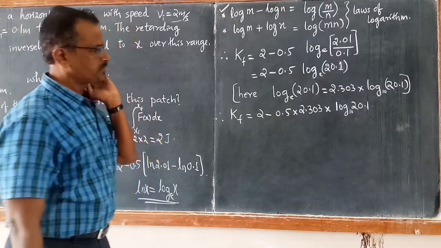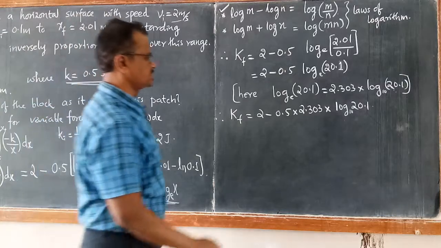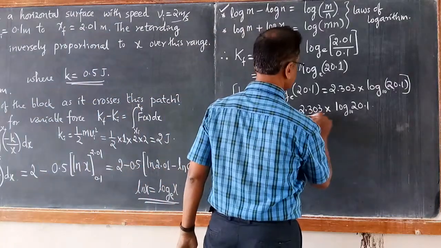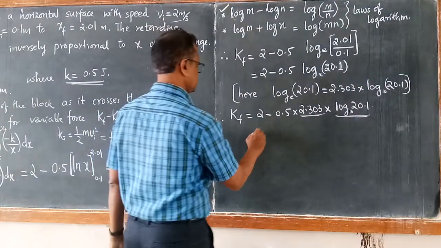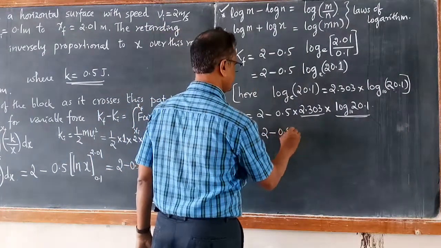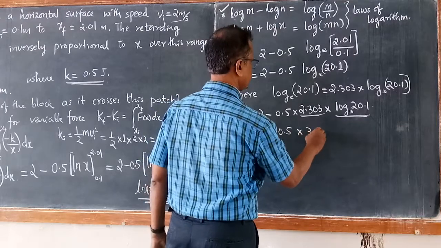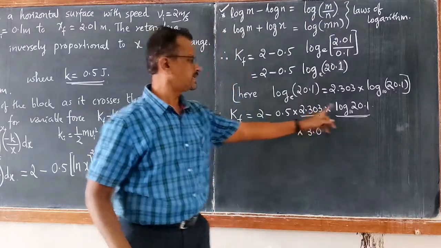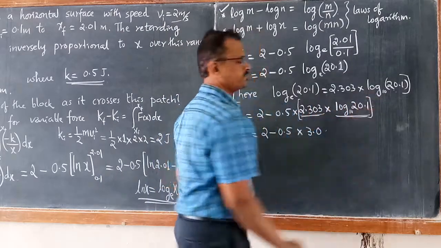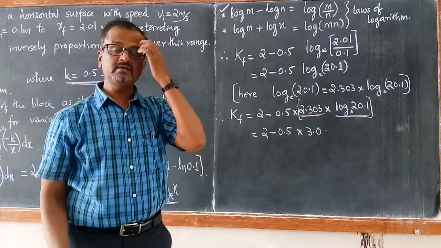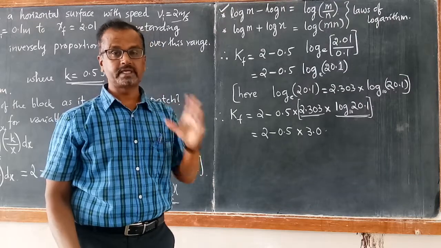Now if you find out the value of this multiplied by this value, it comes out to be 3. So 2 minus 0.5 into 3.0. We are getting this entire result as 3.0. You can verify from the logarithm table, or you can verify from the calculator.